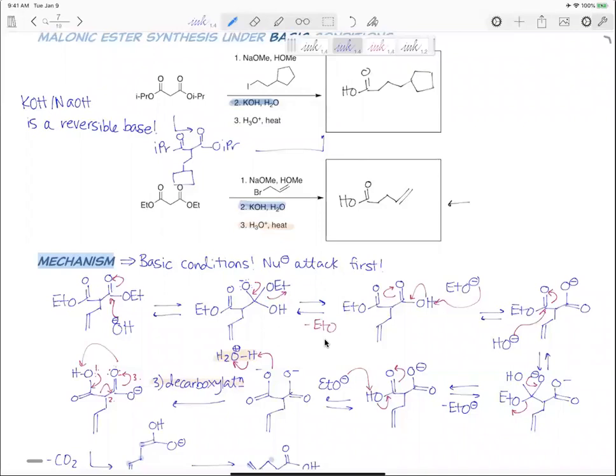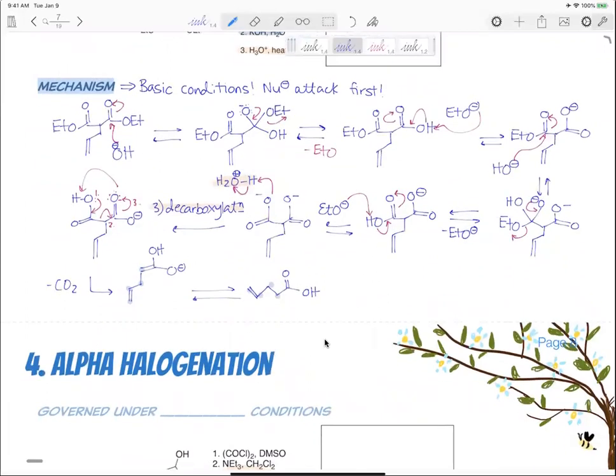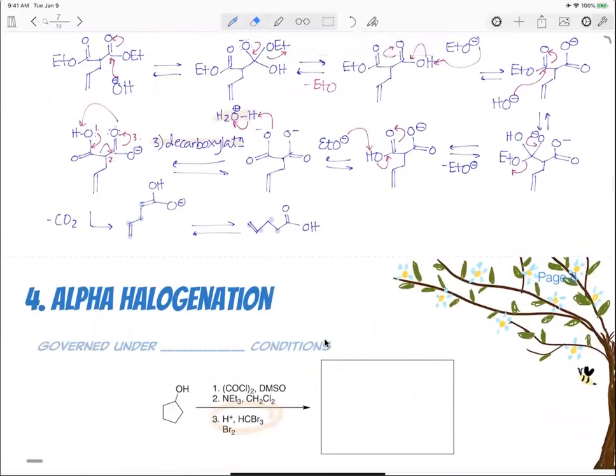And why is it before forming CO2 that it's irreversible? No, you caught me there. Good job. Okay, once you form CO2, it's no longer reversible. Then when you tautomerize it, it's going to become reversible again. Although it's a good habit to take note that the forward direction is very much more favored than the backwards direction.